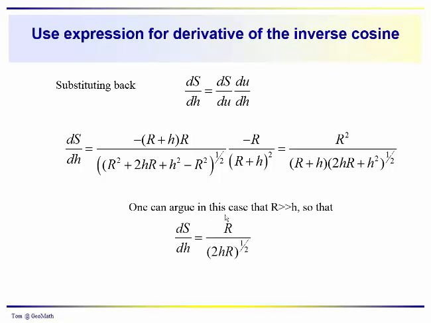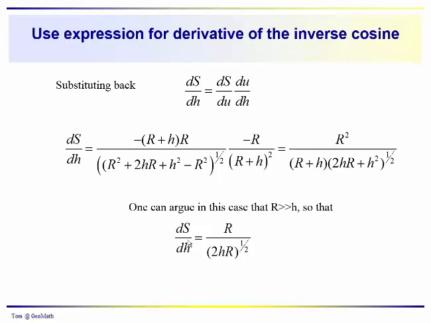And we could argue that since R is a lot greater than h, our ds/dh, all this quantity over here, can be simplified to r over (2hr) to the 1/2 power. In other words, this is close to r, so we cancel out one of these r's, and we can ignore this because it's a relatively small term. So we end up with (2hr) to the 1/2 power.